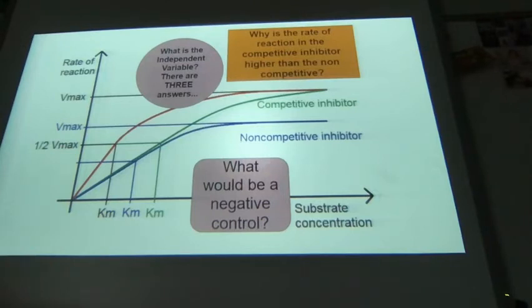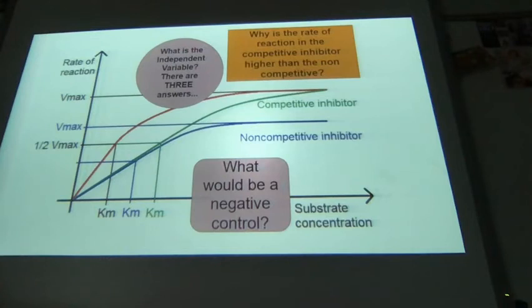What would be a negative control? No inhibitor, yeah. No substrate, maybe. No enzyme. Yeah, don't put an enzyme in there and see what happens. So take out one of your research subjects, right?